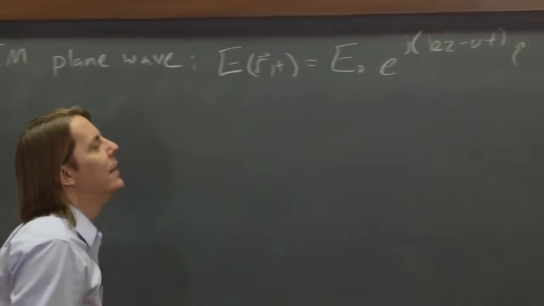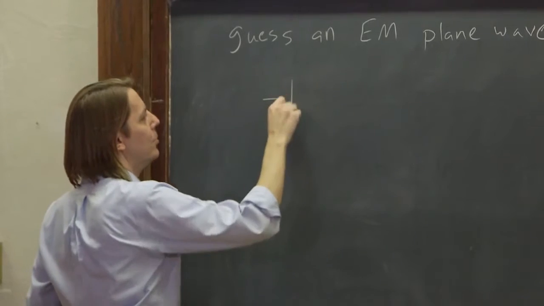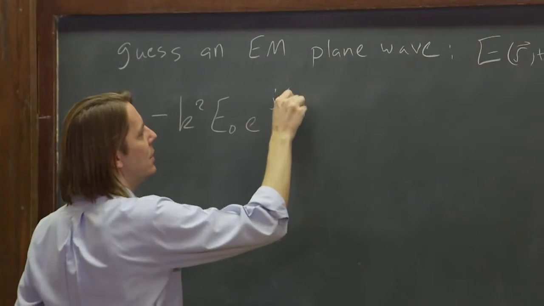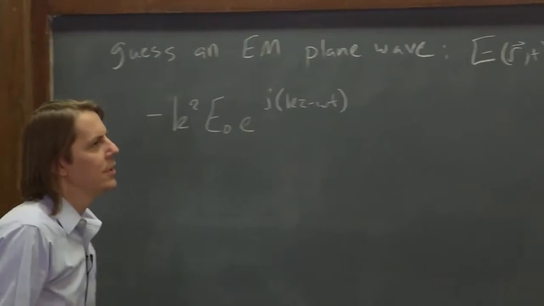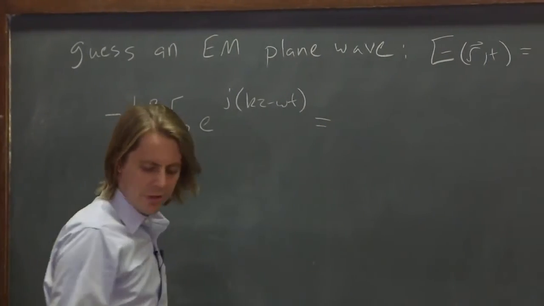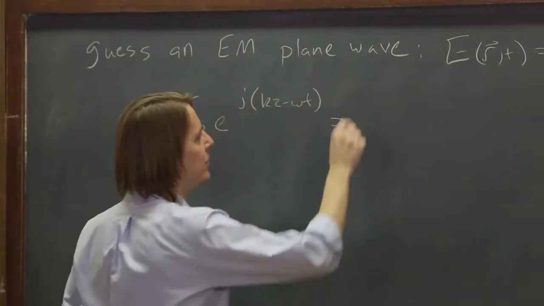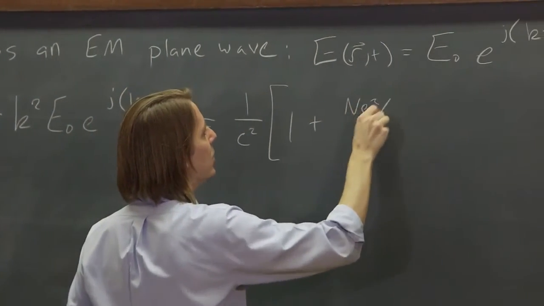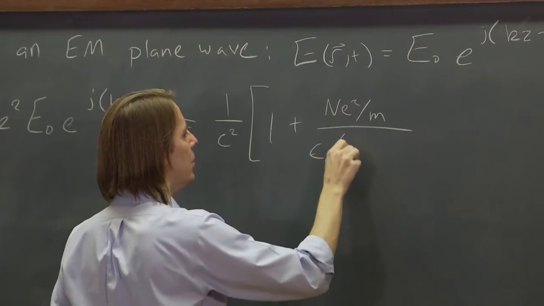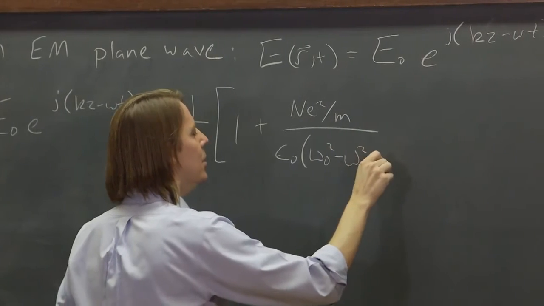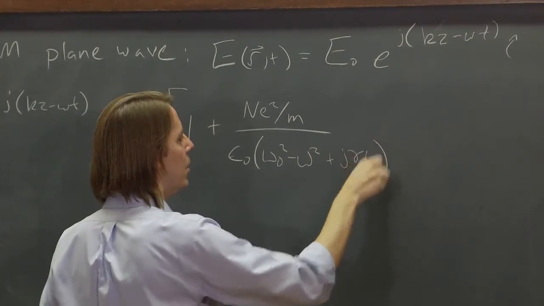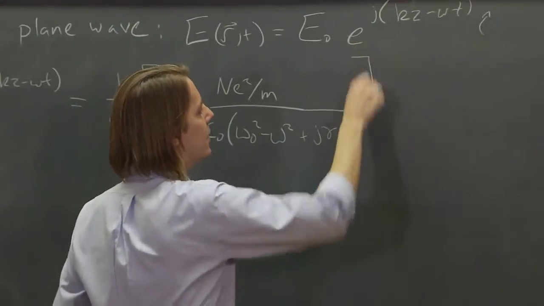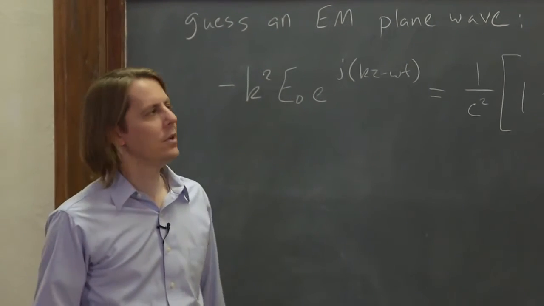Two j's come out and two k's come out, and two j's make a negative sign, so minus k² E naught e^{j(kz - ωt)}. And that equals, and then we had this big mess, 1 over c squared times this big thing, 1 plus ne² over mε naught times ω naught squared minus ω squared plus jγω. I think that's all there. And all that times d²E/dt².